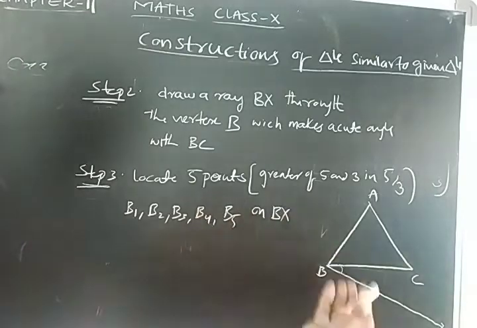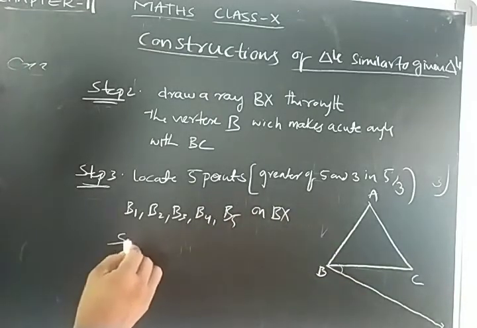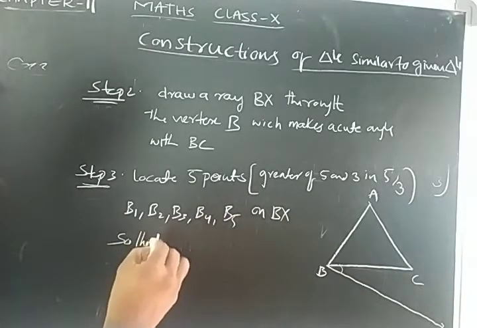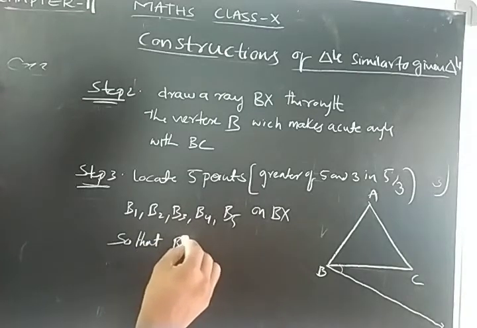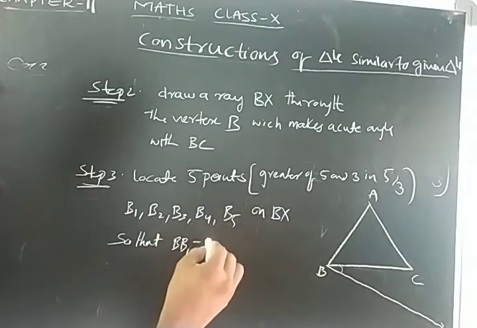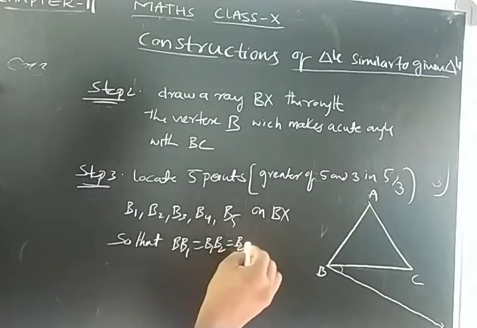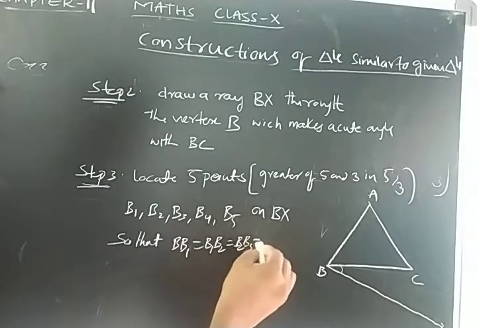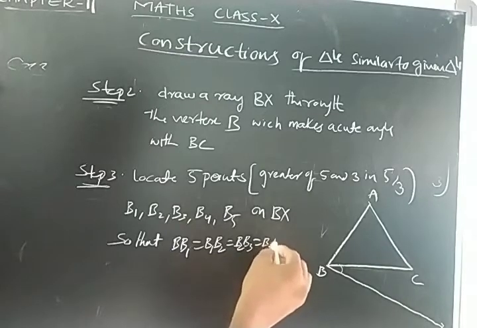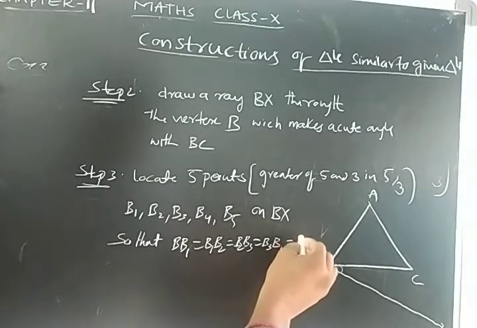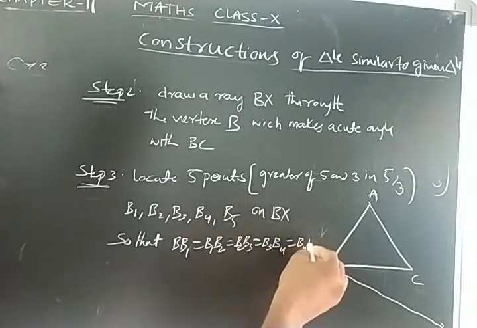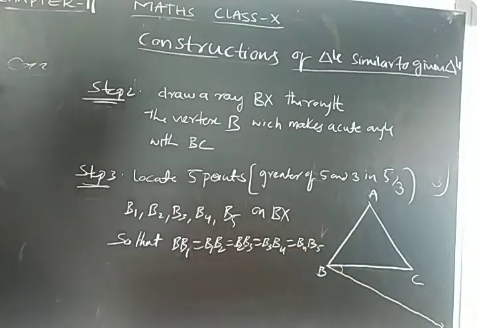How to locate the points? Such that BB1, B1B2, B2B3, B3B4, B4B5 lengths should be equal.